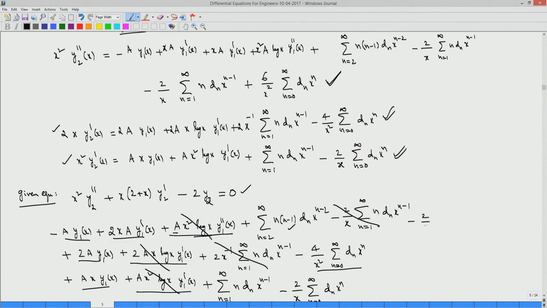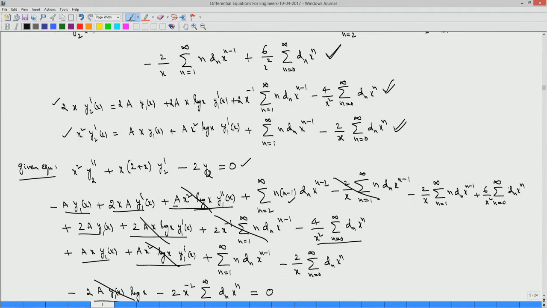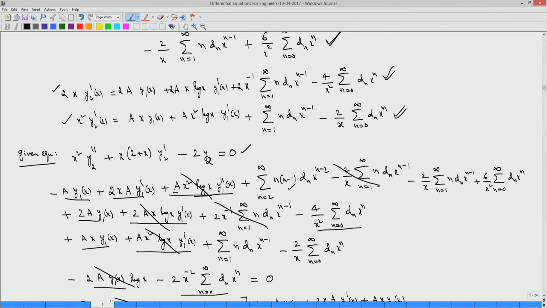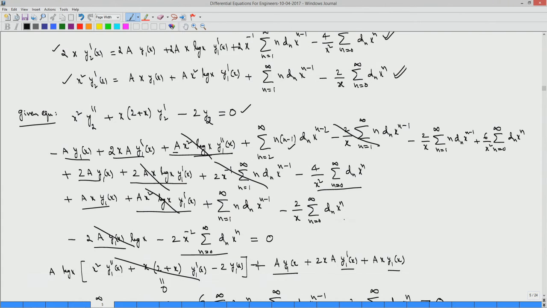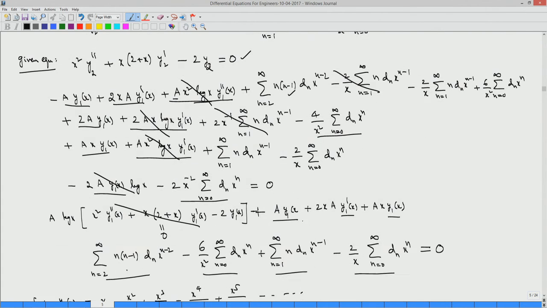So you have minus 2 by x, n from 1 to infinity, n dn x power n minus 1, plus 6 by x square, n from 0 to infinity, dn x power n. So this is my x square y2 double dash, and then 2x y2 dash is these 4 terms, and then x square y2 dash is these 4 terms, and then minus 2y is these 2 terms.